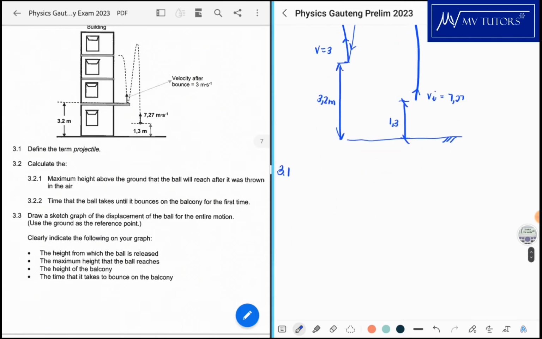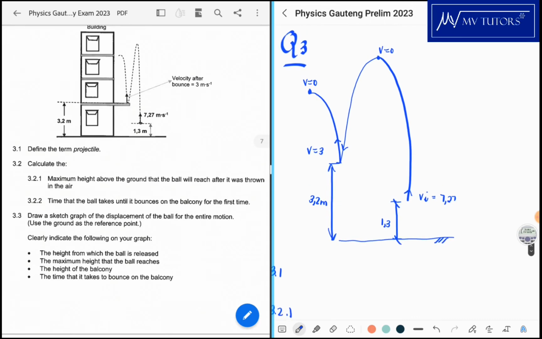So that's 3.1. Now 3.2.1 says calculate the maximum height above the ground that the ball will reach after it was thrown in the air. Basically we're going to calculate this height over here, and after calculating it, we're going to add it to the 1,3 meters, because that will be the maximum height above the ground.